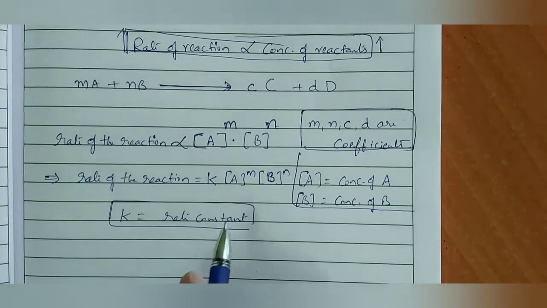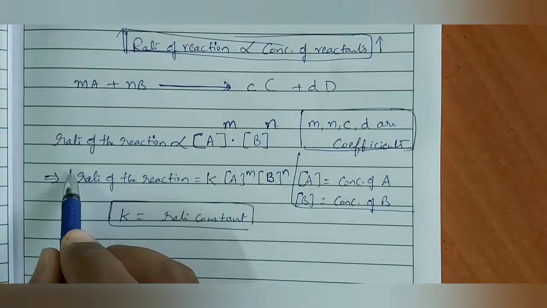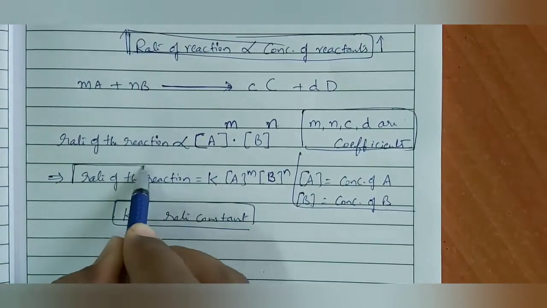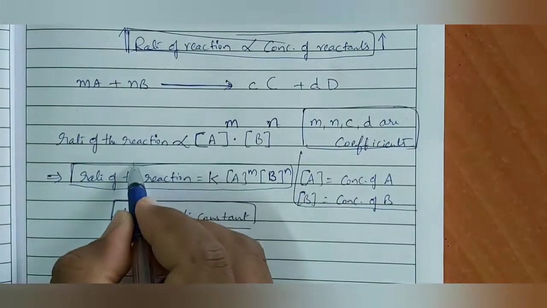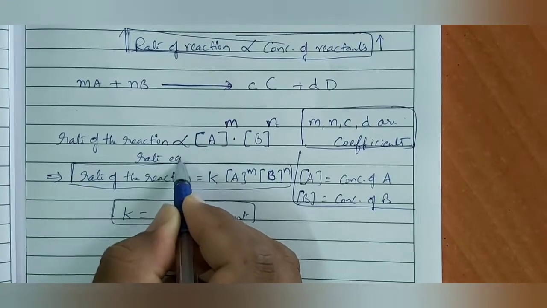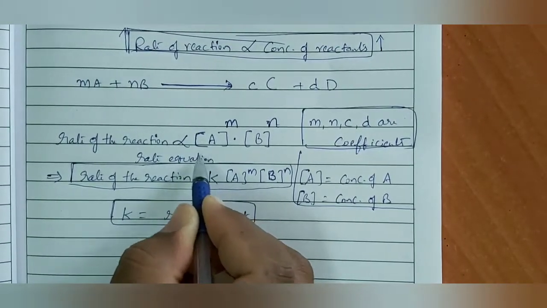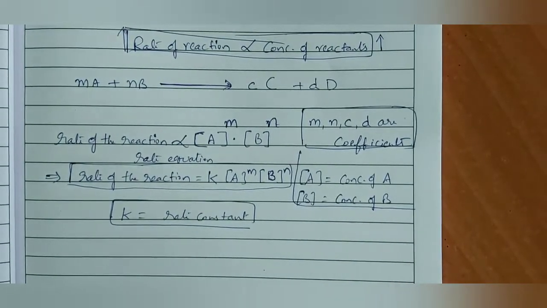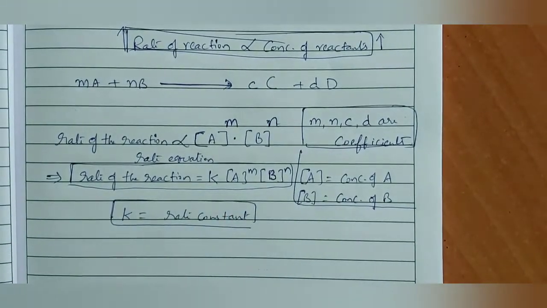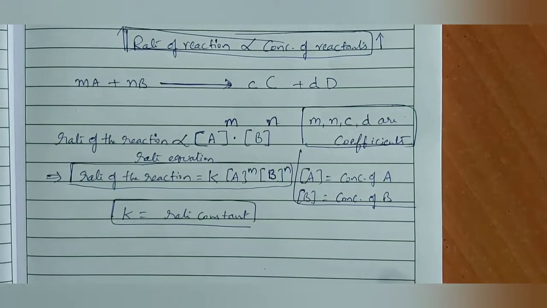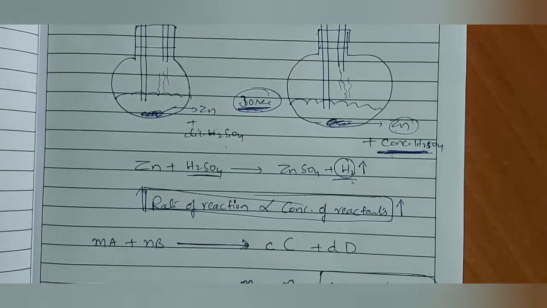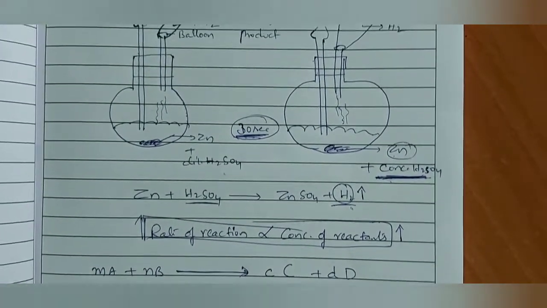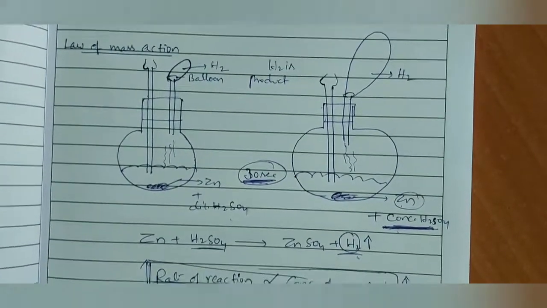This is called the law of mass action and this equation is called the rate equation. Okay? Now, from where we started here, I want to teach you the law of mass action. I have started with the law of mass action.